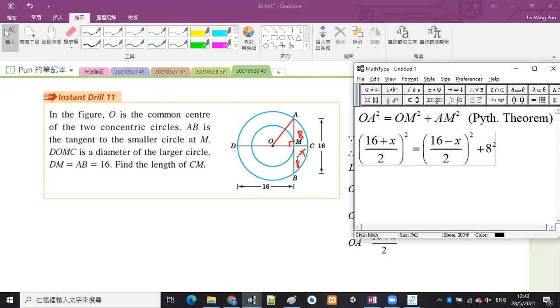And then we just expand the bracket. So it should be like this.